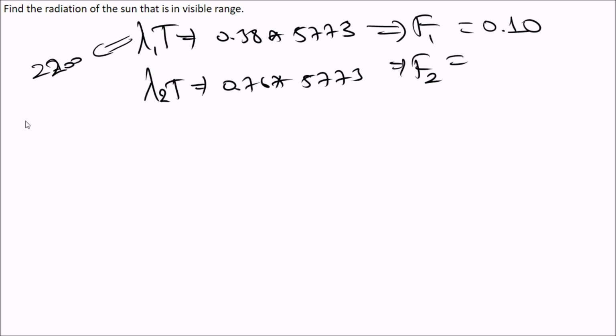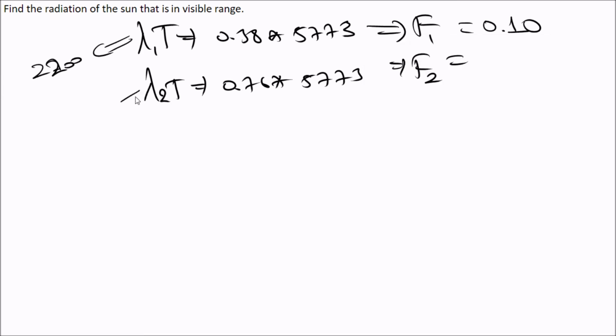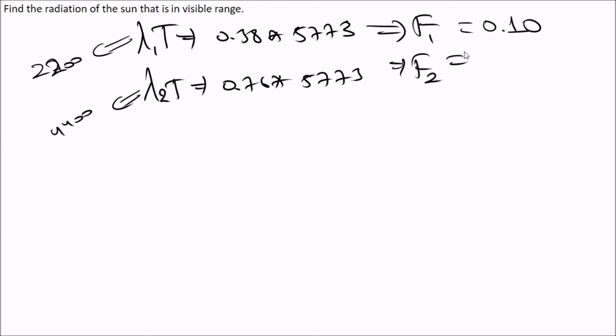Okay. And now comes the second part, lambda 2 into temperature. Let's find it. It makes about 4400. I'm using the approximate values. For 4400, F is 0.55.